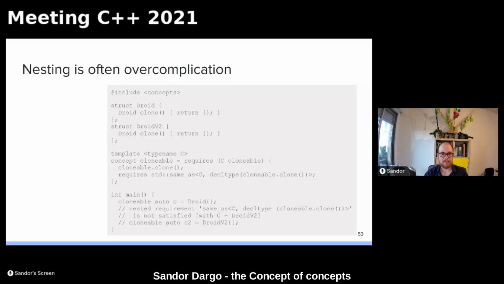If you have a look at the last line of the main function, you will see that clonable auto C2 with droid v2 would not compile because this nested requirement, it even tells us that it's a nested requirement, is not satisfied with droid v2.